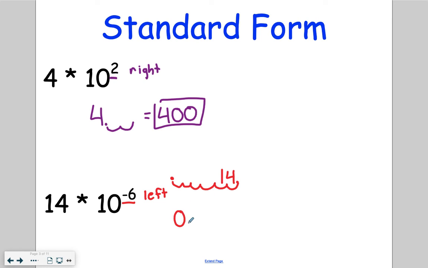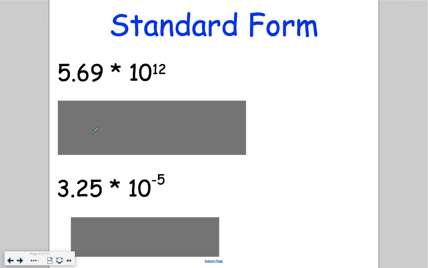So I've got 0.0000 to fill in those 4 empty spaces, and then 1, 4. So 14 times 10 to the negative 6 is 0.000014. So that's how we go from scientific notation into standard form. Go ahead and try these two on your own.